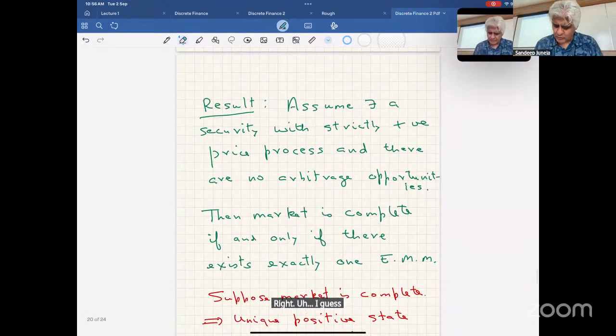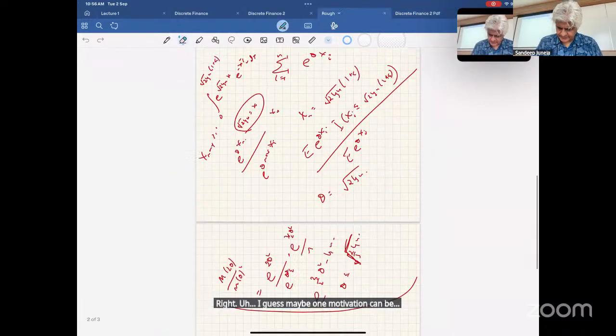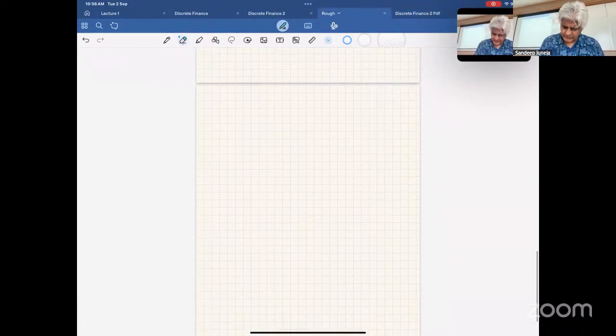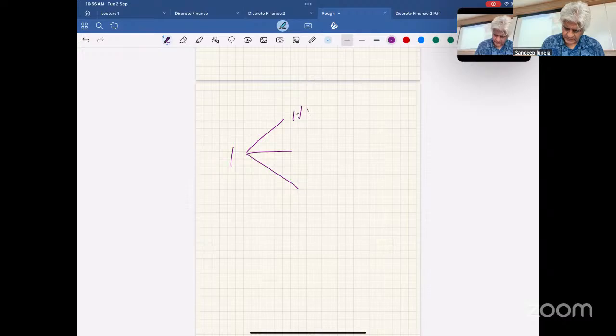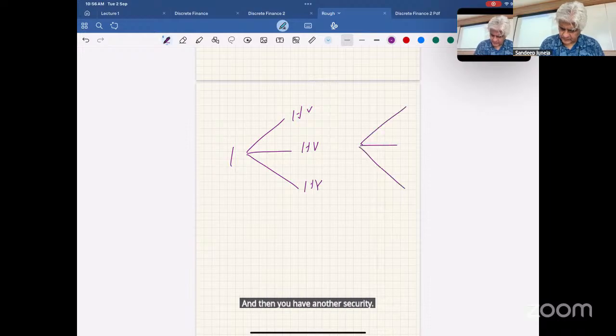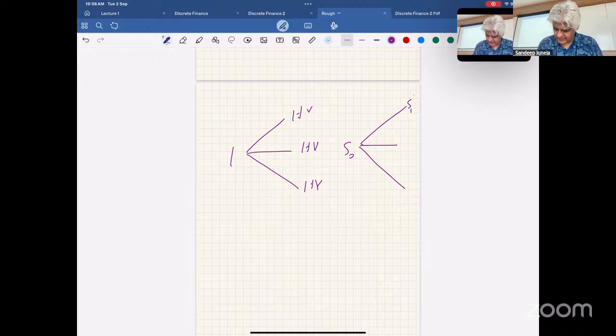I guess maybe one motivation can be: think of a world in which the market is not complete. So we have two securities: 1 plus r, 1 plus r, 1 plus r, and then another security with payoffs S1,3, S1,2, S1,1, right?